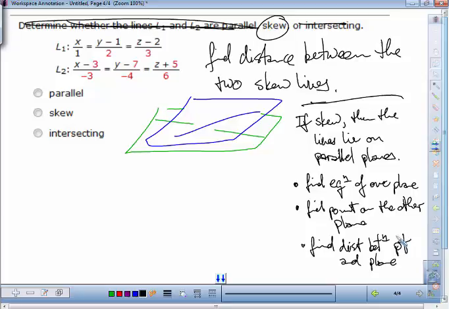So, if we put these tasks together, then we've essentially found the shortest distance, the perpendicular distance, between the two skew planes.